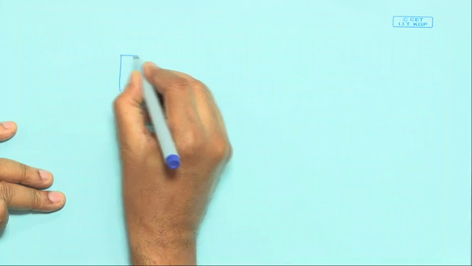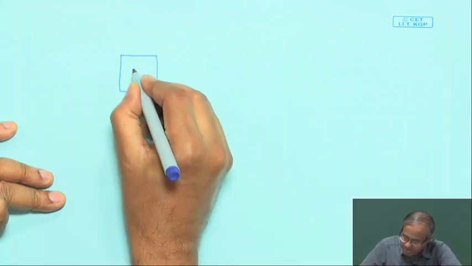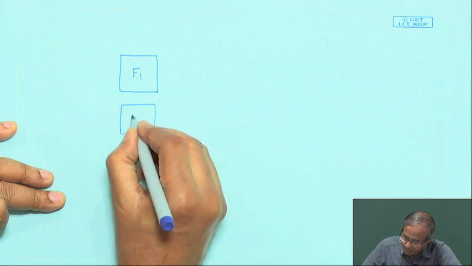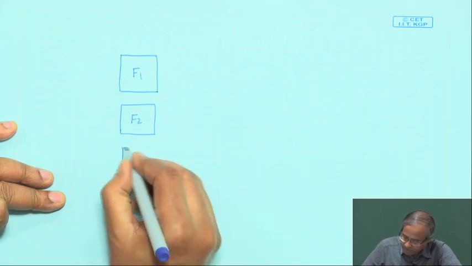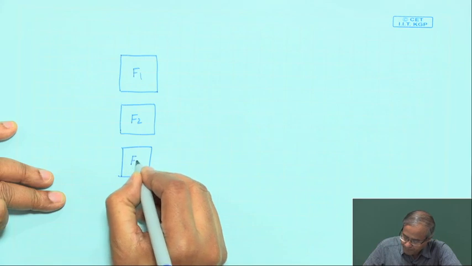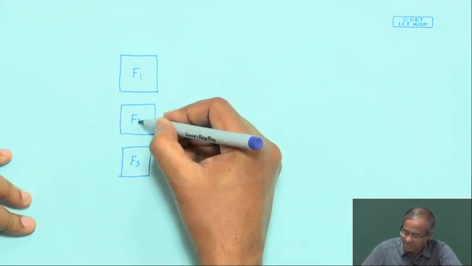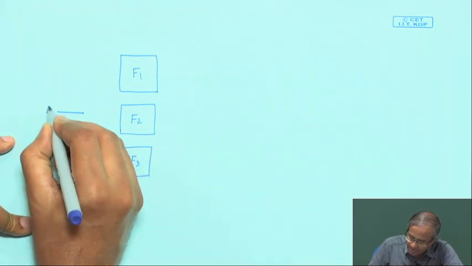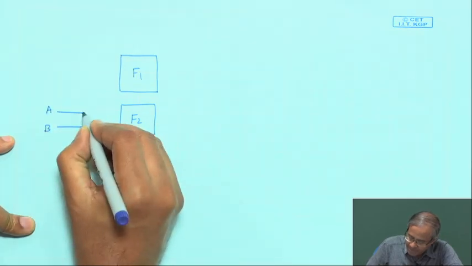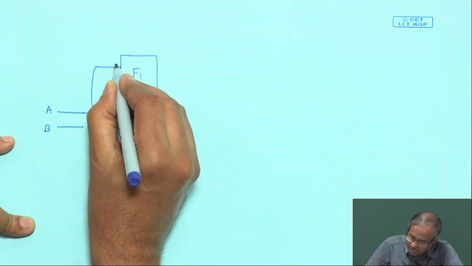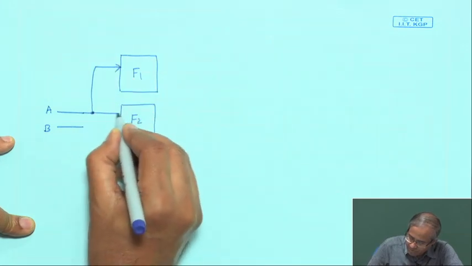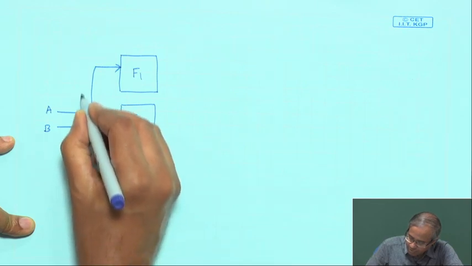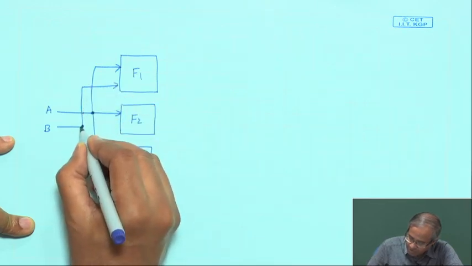Suppose I have a few functional blocks, let us say F1, another block F2, and some other block F3. Let us say one is an adder, one is a subtractor, one is a multiplier, and I have two inputs coming, A and B. This A is being fed to all these 3 blocks, and B is also being fed to all the 3 blocks.